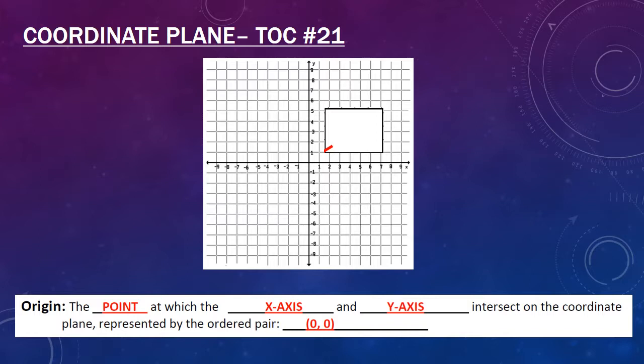And the origin is important because that is the point where we always start when we're graphing. So it's right here in the middle. We're going to put a little dot there and label it the origin, and make sure you know that its coordinates are 0, 0. So if we say, what's the location of the origin? You would say, oh, it's 0, 0.